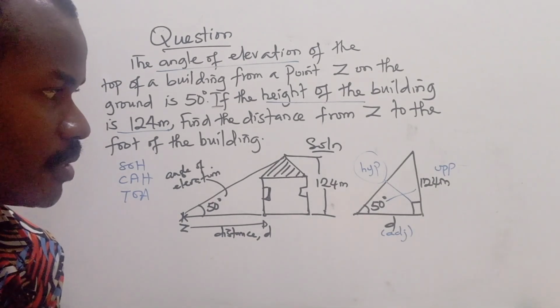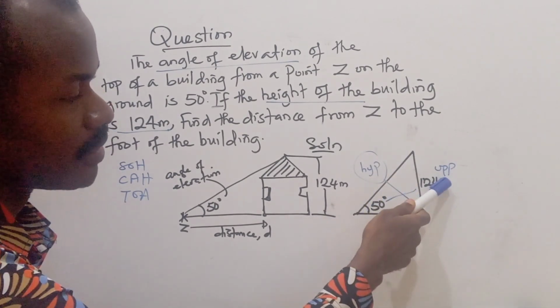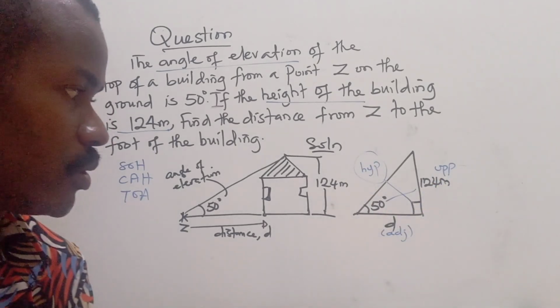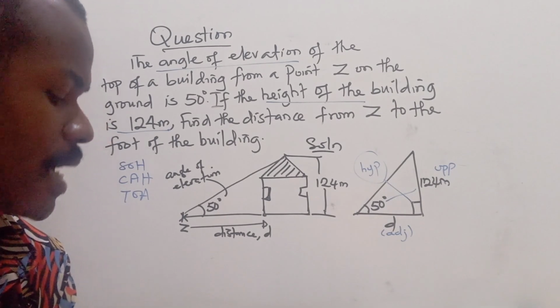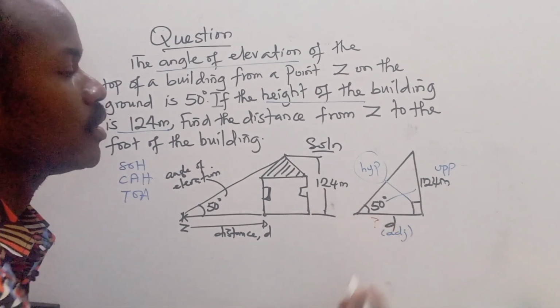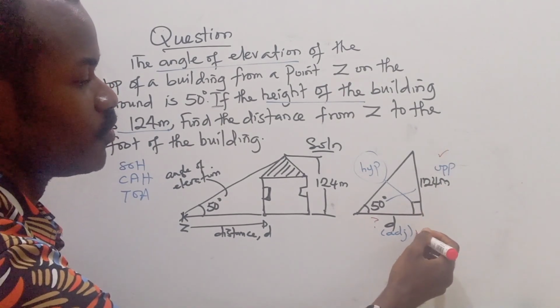Whenever you're solving problems like this, it's always good to label it. This is the opposite to the angle, this gives us the hypotenuse, and the remaining side is the adjacent. So what can apply? Remember, we're looking for D. We are given the opposite, and we need to look for the adjacent.